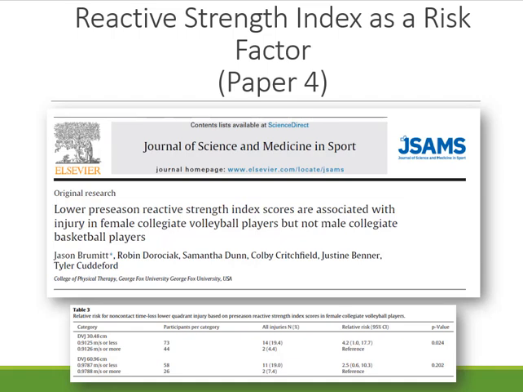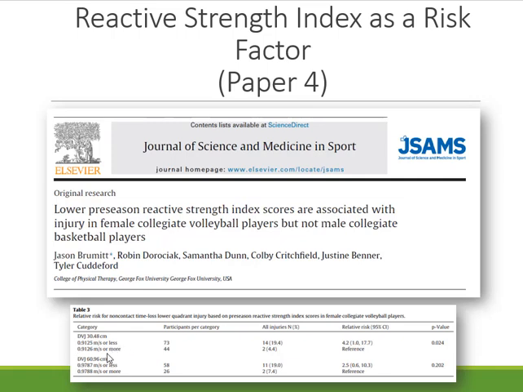So, paper number 4, published in the Journal of Science and Medicine and Sport. What we were able to do is, utilizing statistical methods, identify a cutoff score, and found that individuals with, in this case, a 0.9126 meters per second, that is our reference group.